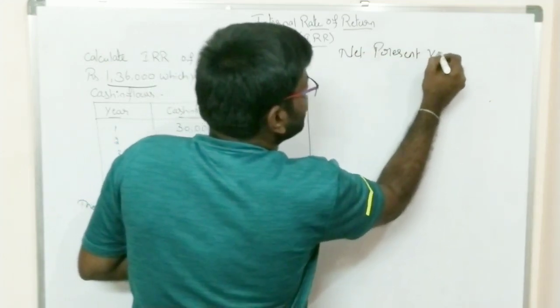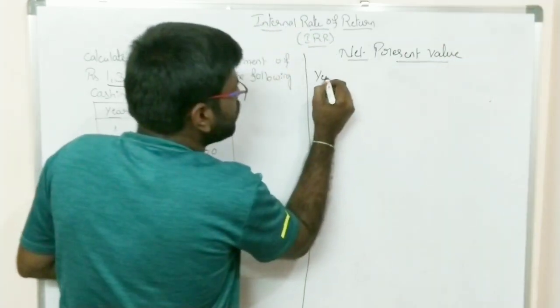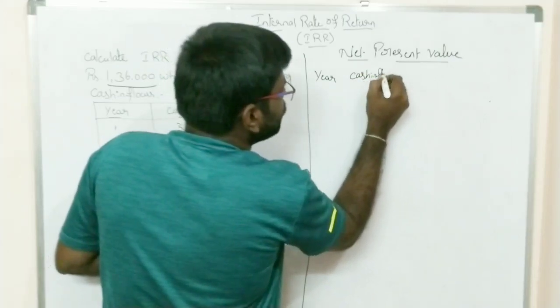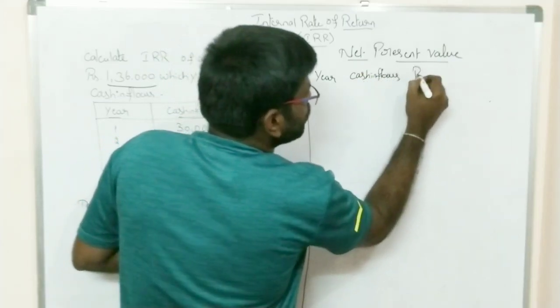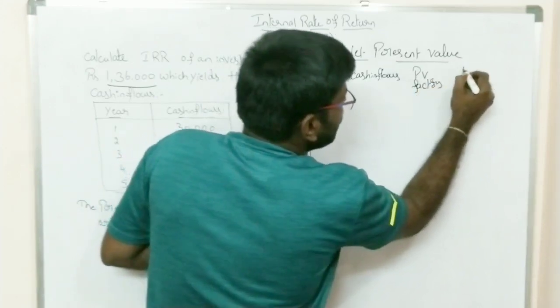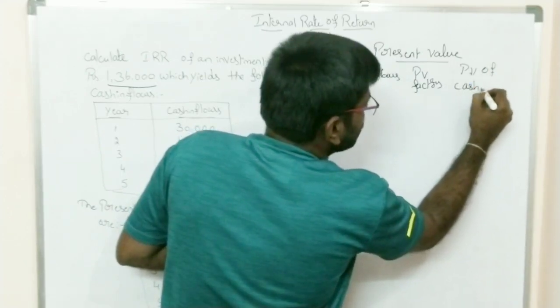All of you know what the procedure is. We have to use the calculation of net present value. First we will have the years. Next, directly, whatever cash inflows are given in the problem. Next we will consider the PV factors, and then we will get the present value of cash inflows.